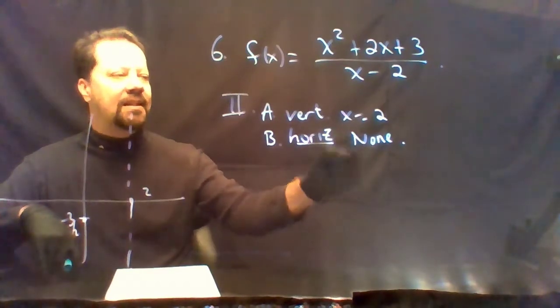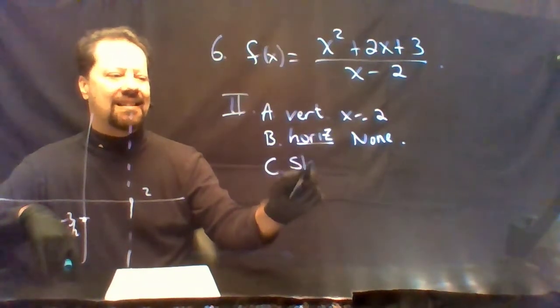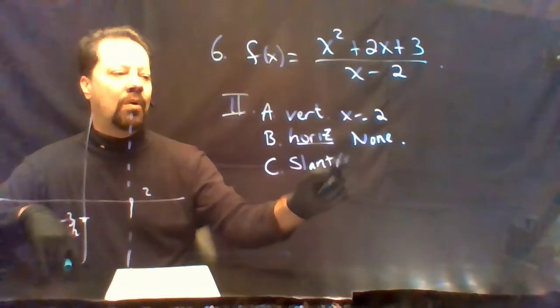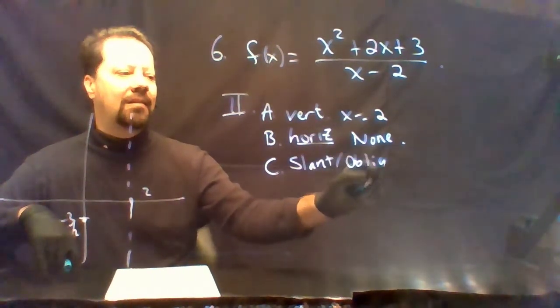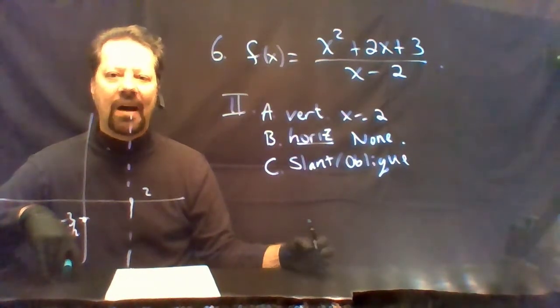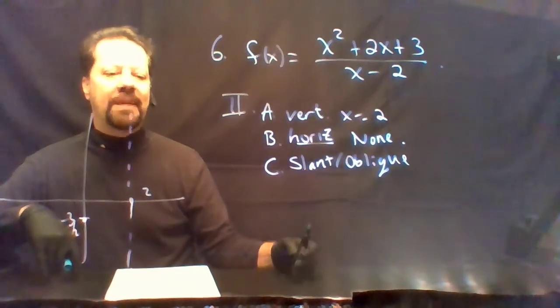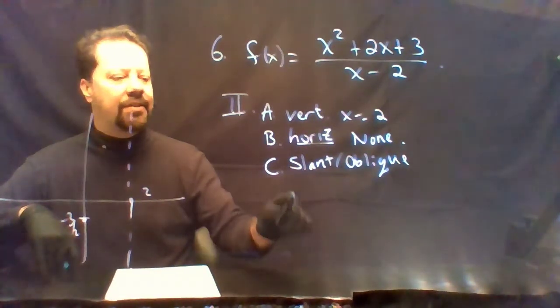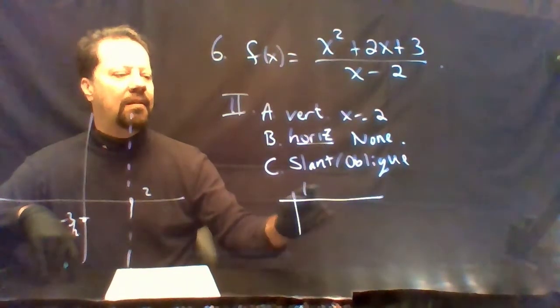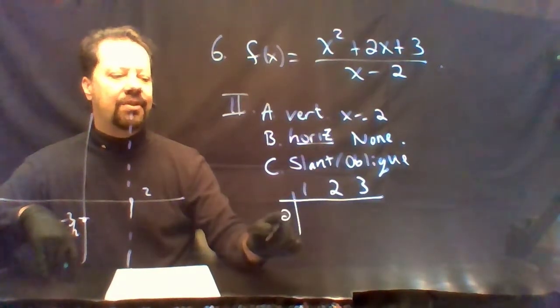In this case, we have instead a slant or oblique asymptote since the degree in the numerator is exactly 1 higher than the degree in the denominator. You can find this by either long division or synthetic division. The root of the denominator is 2.